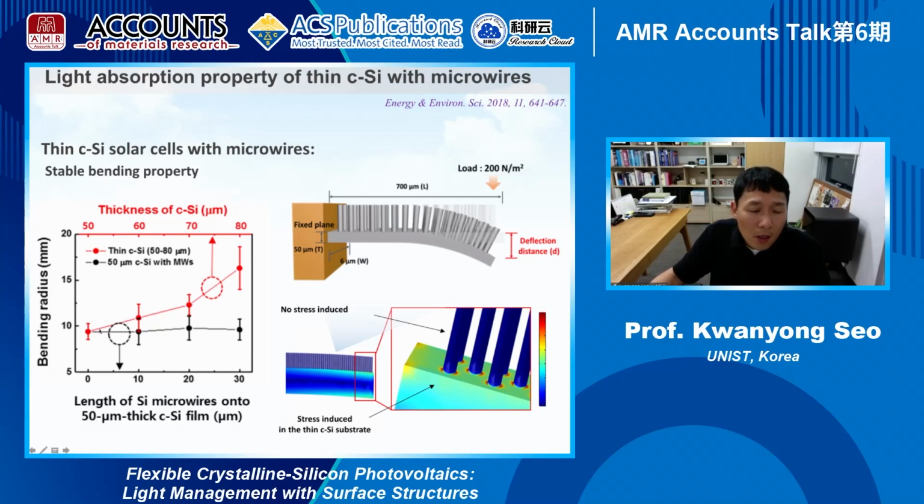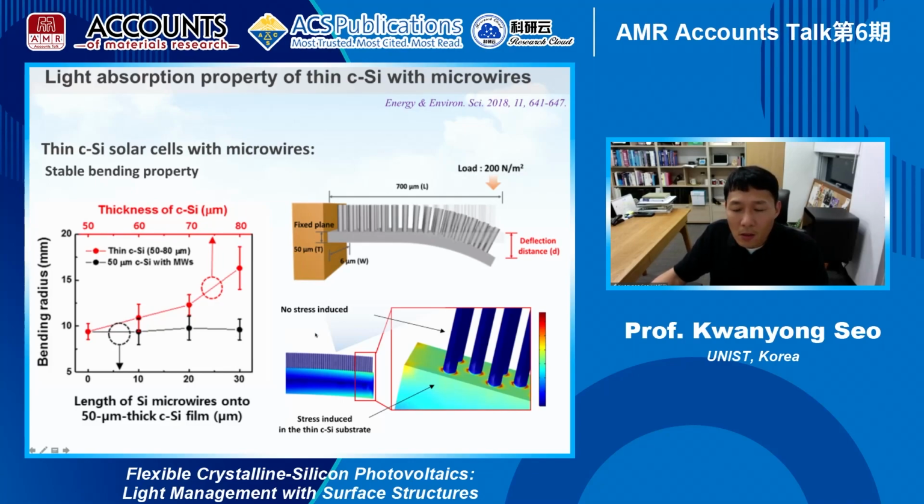However, with microwires formed on the 50 micron crystalline silicon substrate, if we increase the length of the microwire to 10 micron, 20 micron, and 30 micron, the overall bending radius is almost the same. It's flexible. That means flexibility is maintained, although we increase the length of the microwires. Why is it possible?